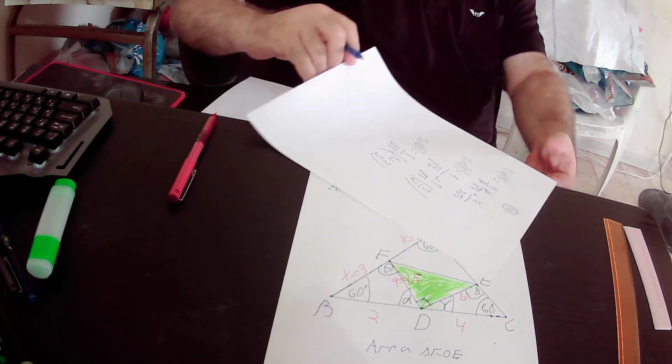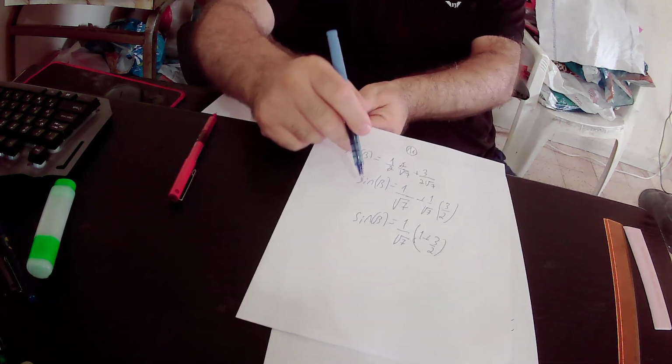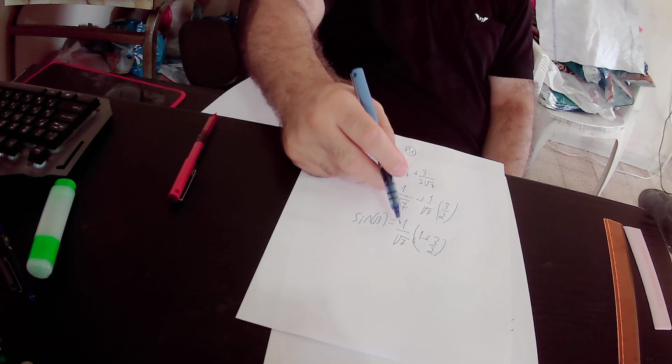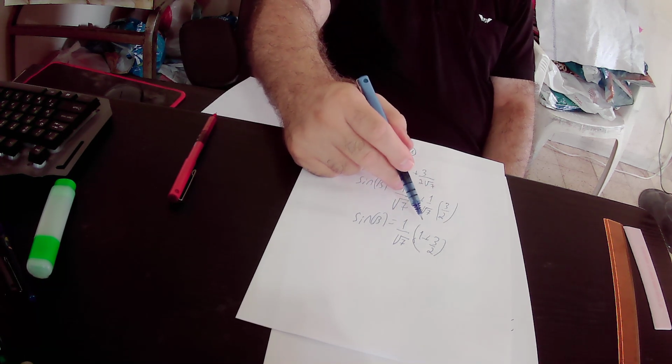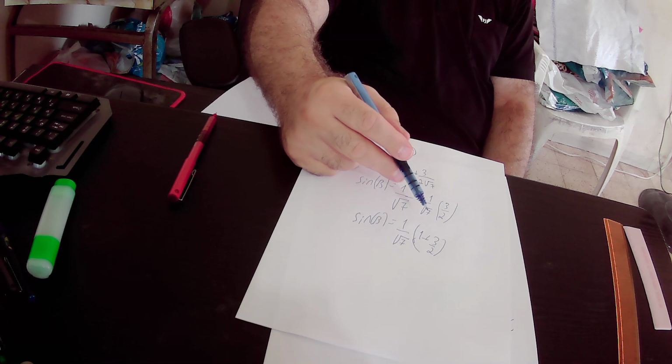Okay, so in total we got that sinus beta equals to 1 over root of 7 times 1 plus 3 over 2.